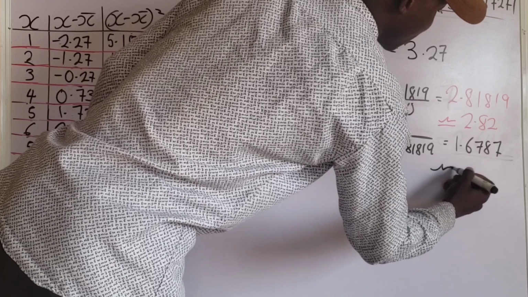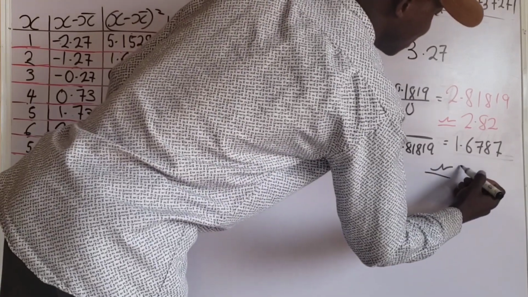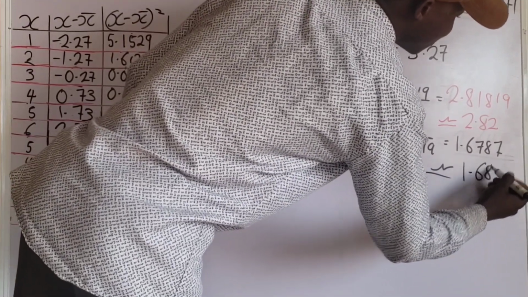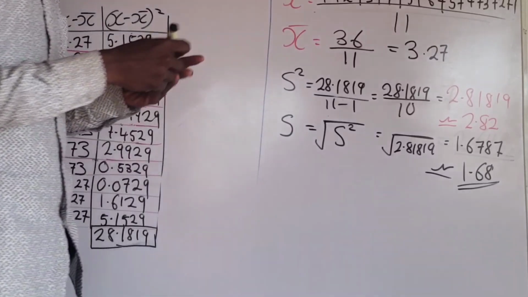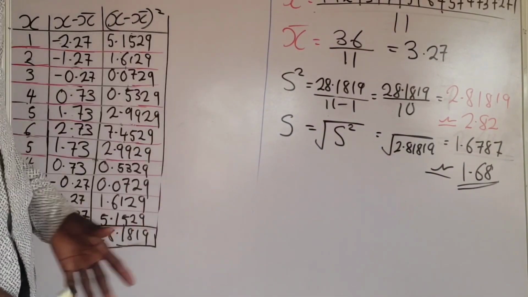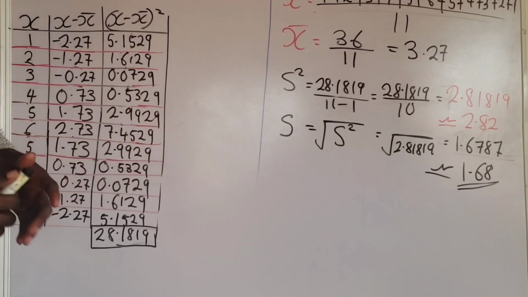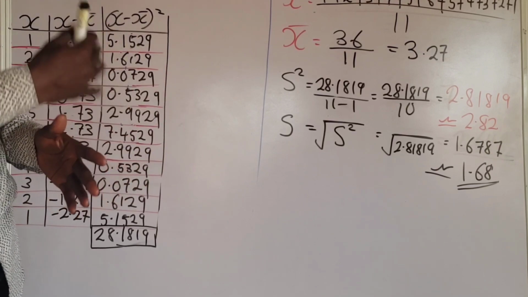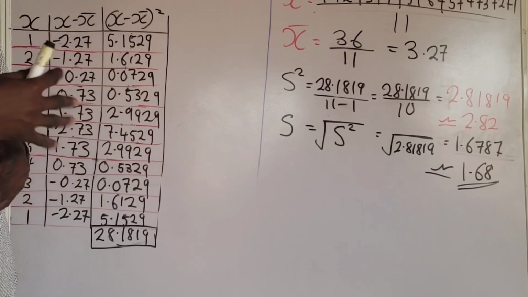You can approximate to 2 decimal places, that is 1.68. Okay, that is the standard deviation and the variance that we are asked to calculate. If you get these values, that means you are correct. If you didn't get it, you have to listen and pay attention to the explanation again. You have missed it in one aspect.